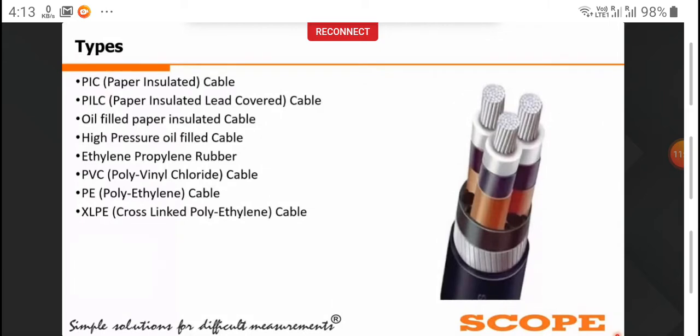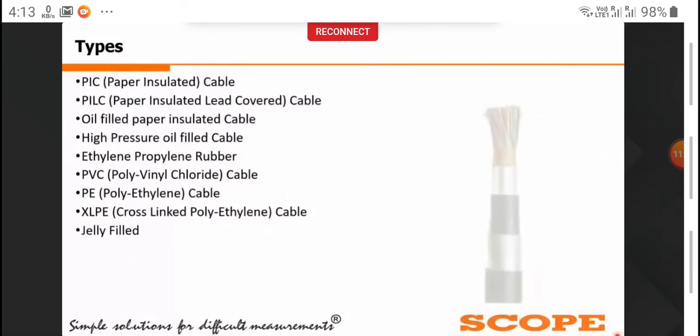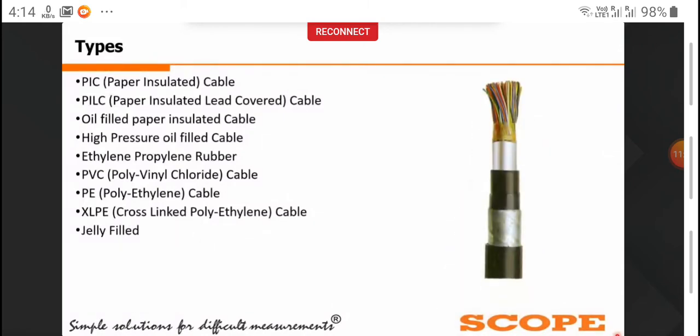They are an improved version of polyethylene cables, so they have better characteristics against water treeing compared to polyethylene cable, meaning less susceptibility to water treeing. They are also crack proof. But the only disadvantage of cross-linked polyethylene is that it has higher dielectric losses than polyethylene.